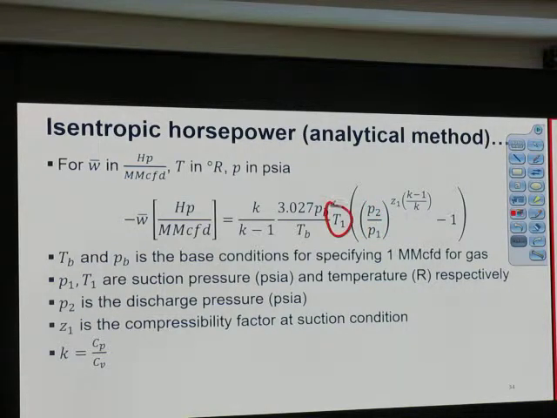What about T1? T1 is the suction temperature of stage 1. How do you know the suction temperature of stage 2? Next to James, what's your name, sir? Sean. Alright, Sean, how do you know the suction temperature of stage 2?